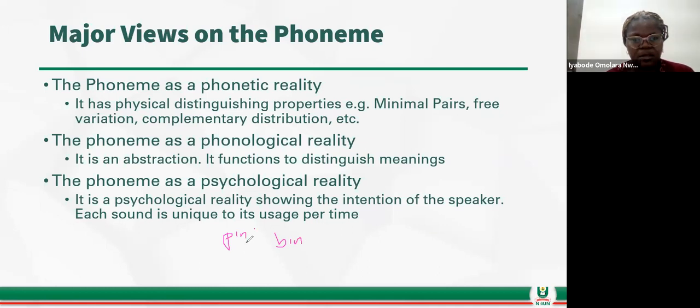Now if you look at this, you will see what is the difference in the meaning. What makes the difference in the meaning of these 2 words is just these 2 phonemes. So this distinguishes them. That is what we're talking about. It is the physical distinguishing property that lets you know this is a definite pronoun, I mean a full name standing alone. There are these physical properties that you can see, and you don't need to begin to query or to ask.